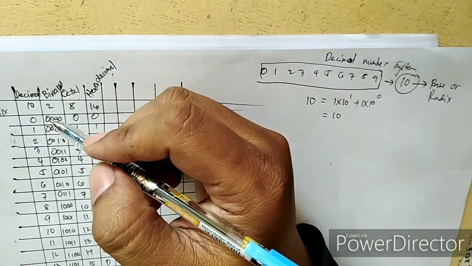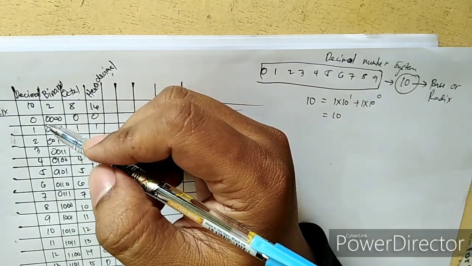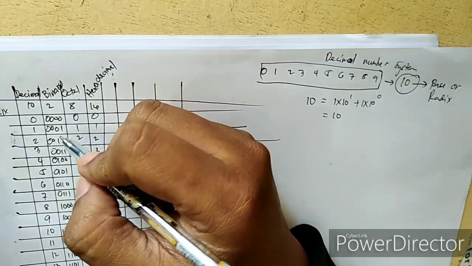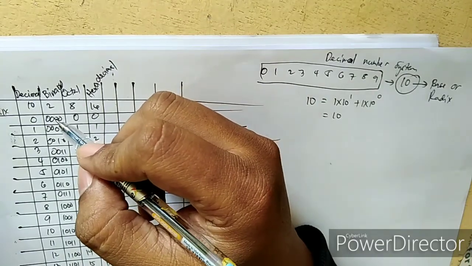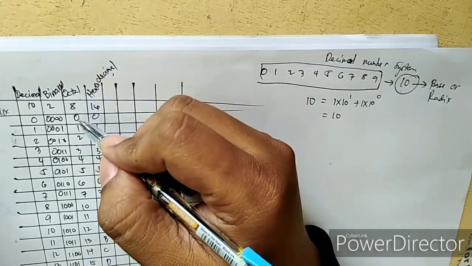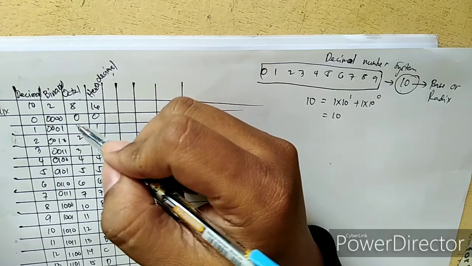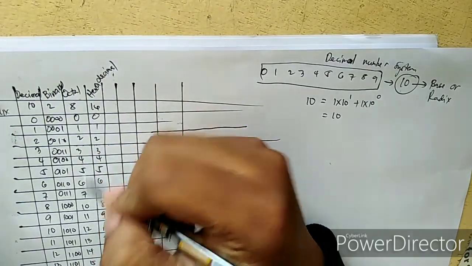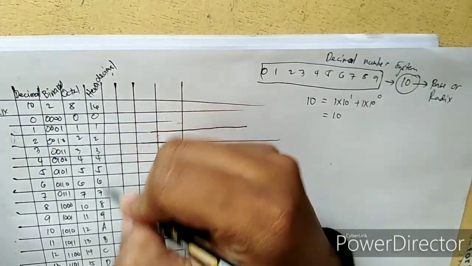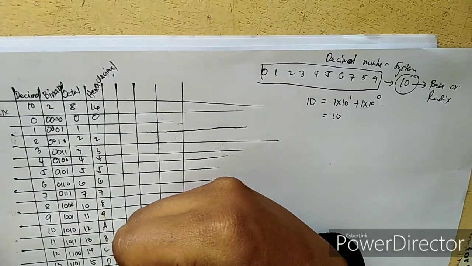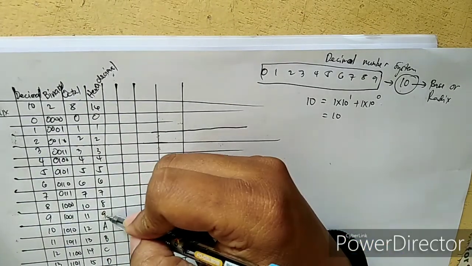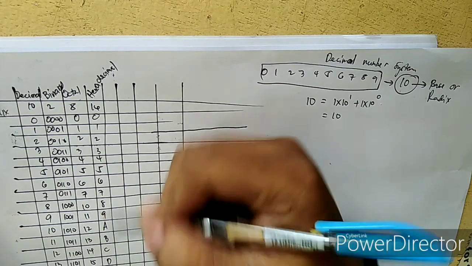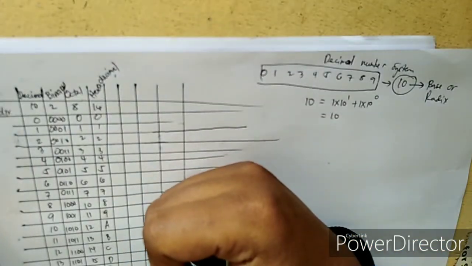So the symbols used are 0 and 1. So 2 symbols only. So octal, there are 8 symbols, 0 to 7, total of 8. Hexadecimal, 0 to 9, then A, B, C, D, E, F. So a total of 16 symbols.